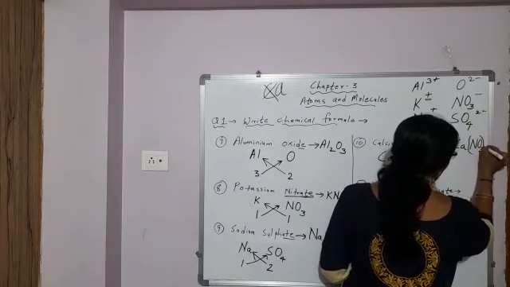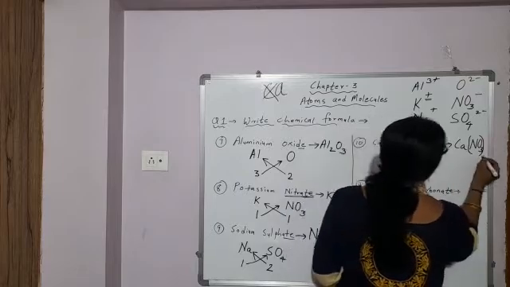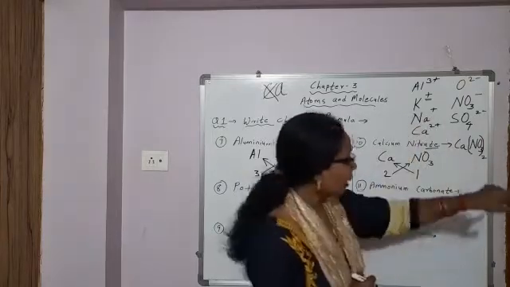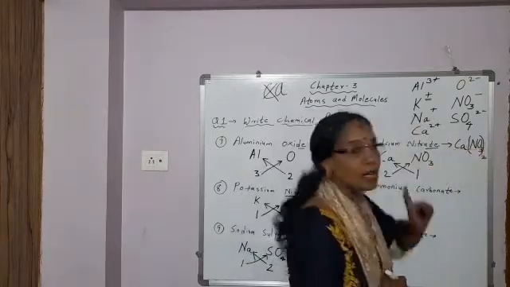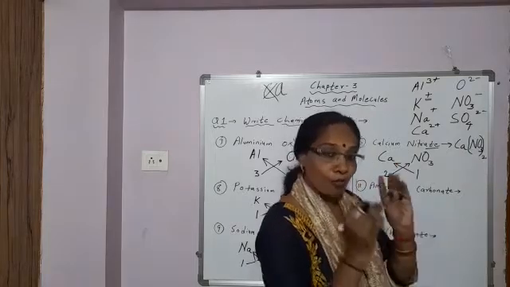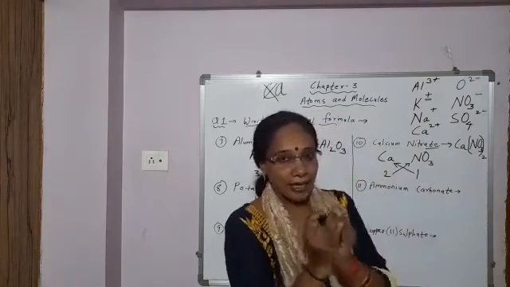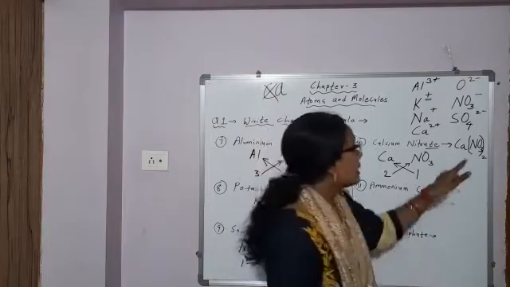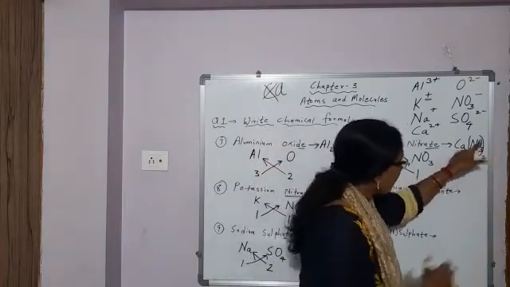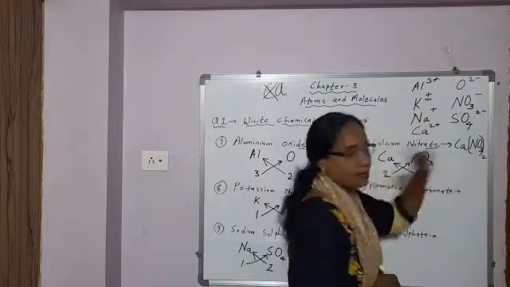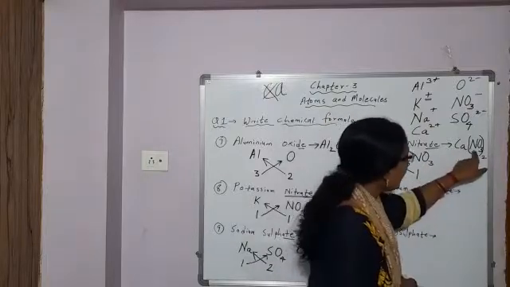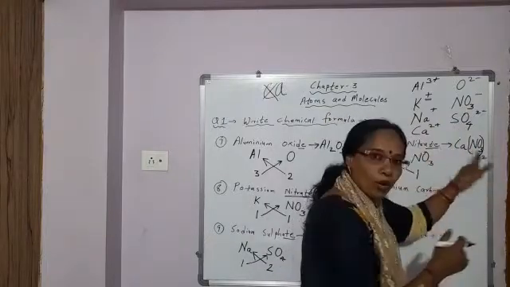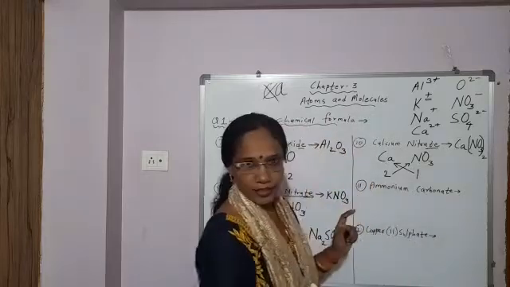NO3 in a bracket and then write 2, because this 2 is for nitrogen as well as for oxygen. So in case of a polyatomic ion, you have to put a bracket. And how will you read it? Ca(NO3) whole twice. Calcium nitrate.